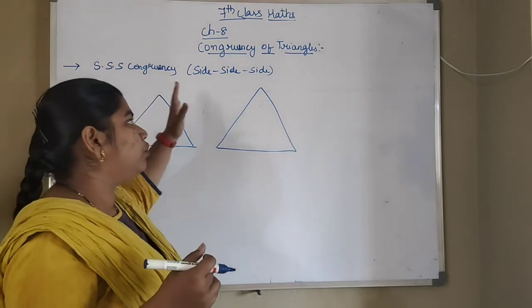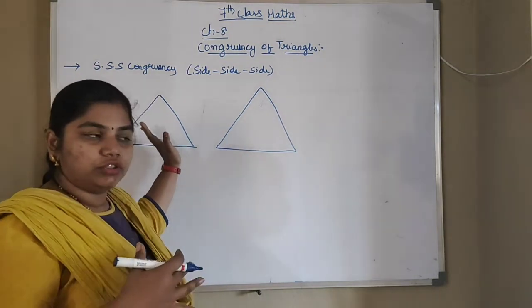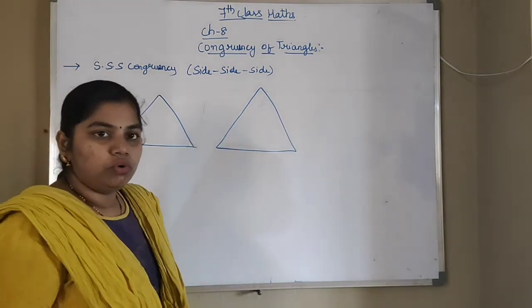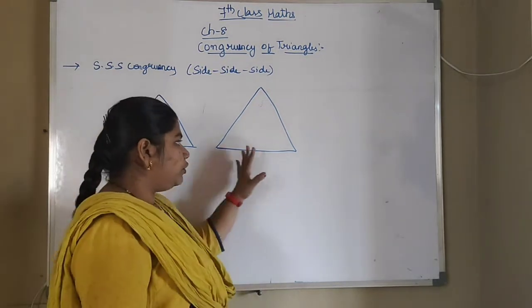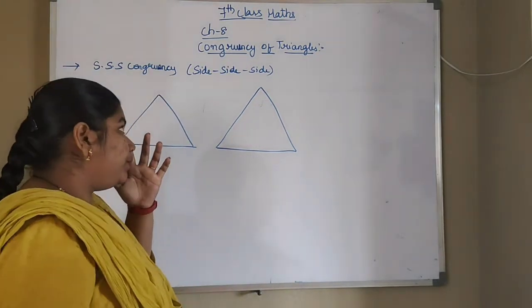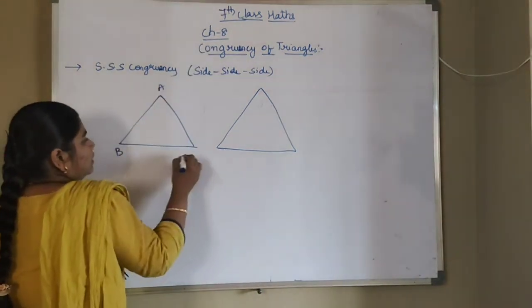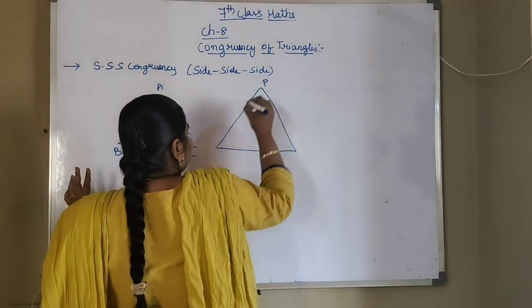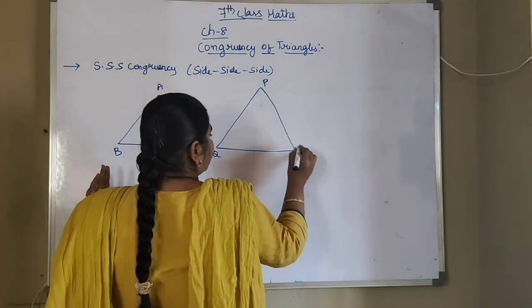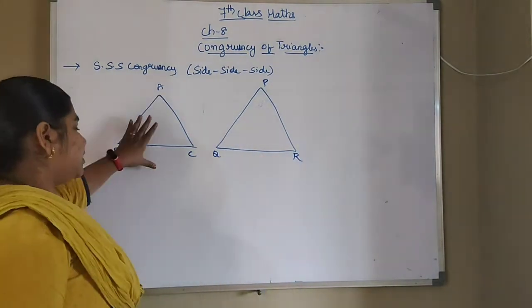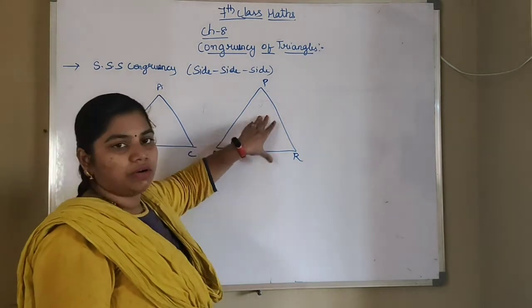Here I am taking the triangle as A, B, C, and here as P, Q, R. So this is triangle ABC and this is triangle PQR.